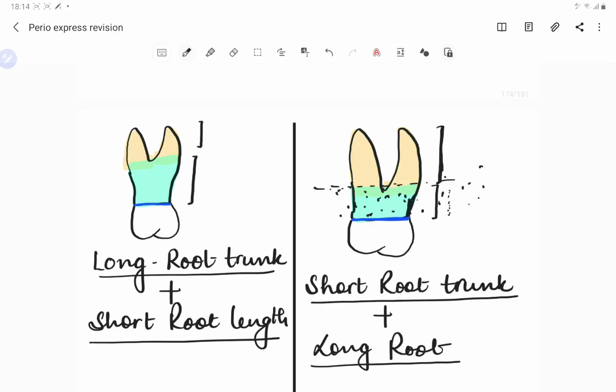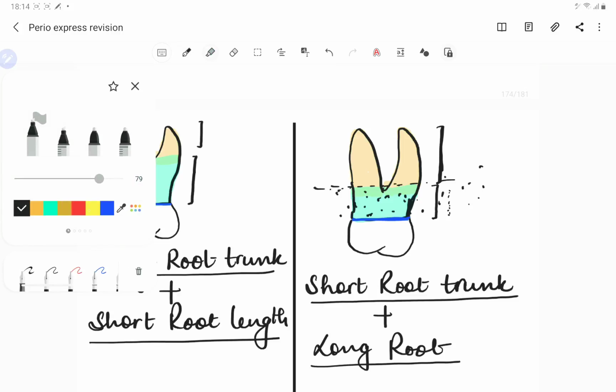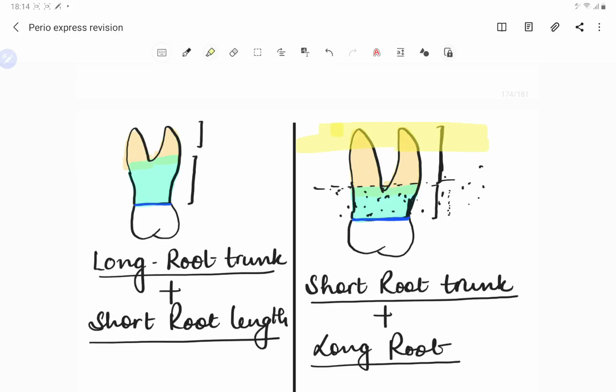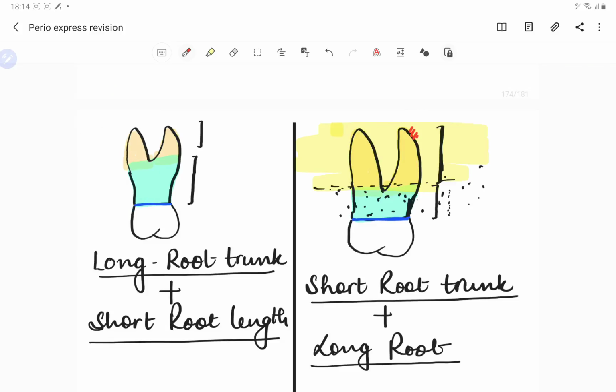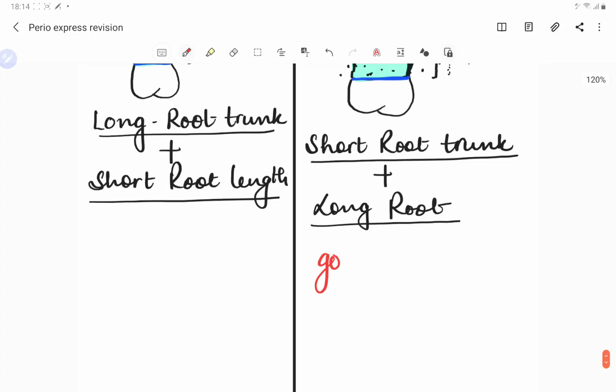So there is going to be bone here, guys. So the attachment is pretty good. If you can see here, we have got pretty good attachment. So the tooth has less mobility. It can take up more load. So the prognosis of this particular kind of situation is quite good.